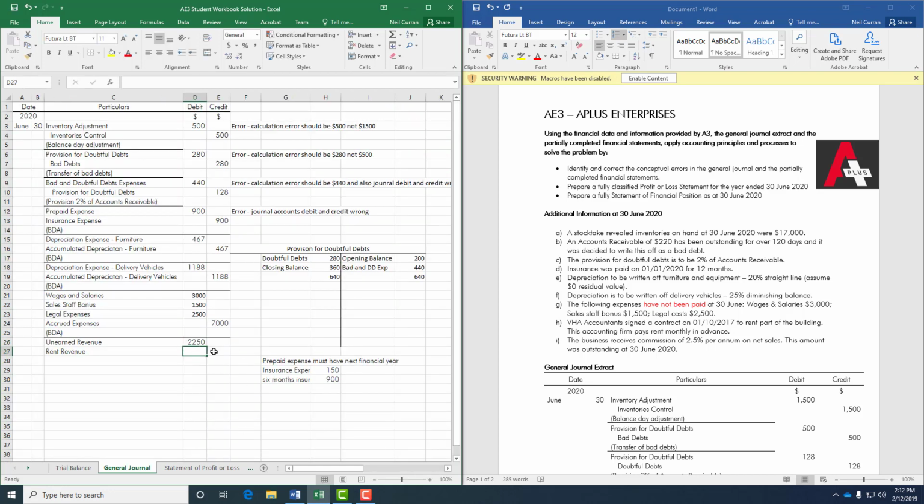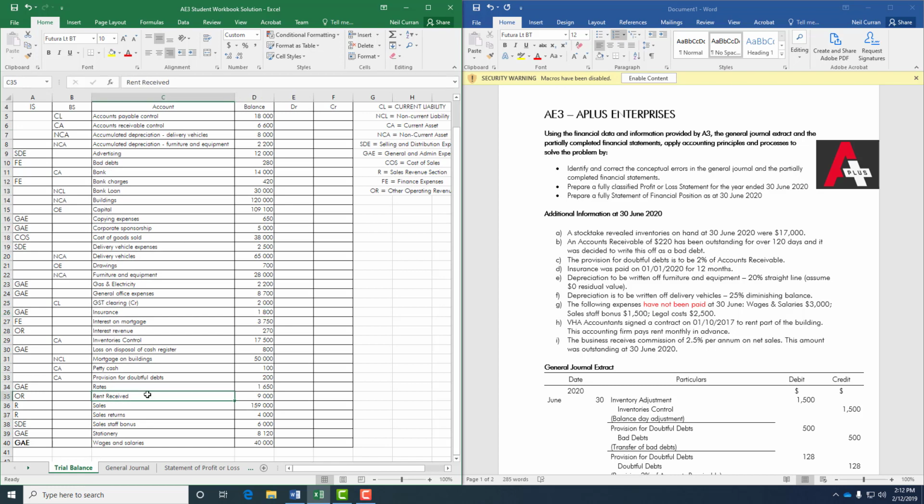Okay, so we're taking out $2,250 worth of rent. And again, balance day adjustment. Okay, the reason I've worked out it was an unearned revenue, sorry for the mistake, is we've actually got a rent received over here of $9,000, which basically represents the contract that these people have signed to us, and they are paying us.